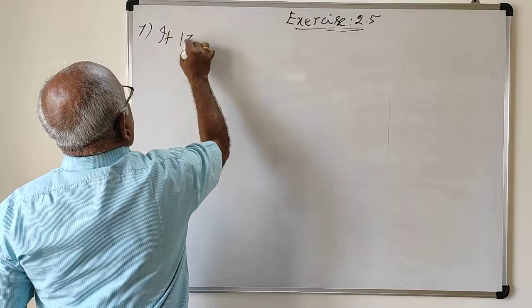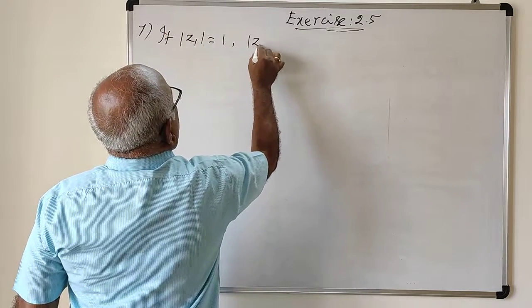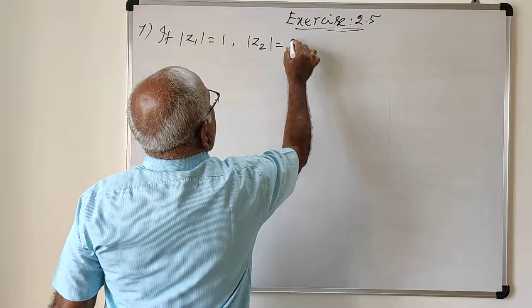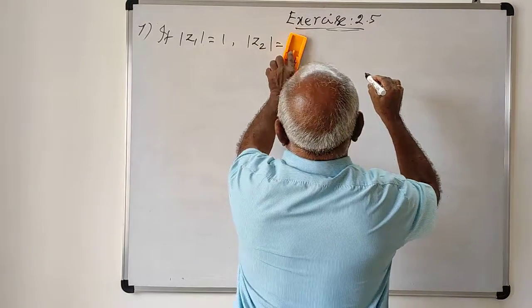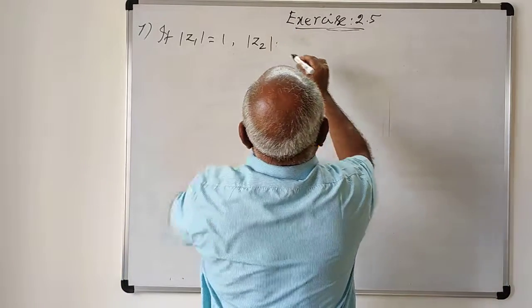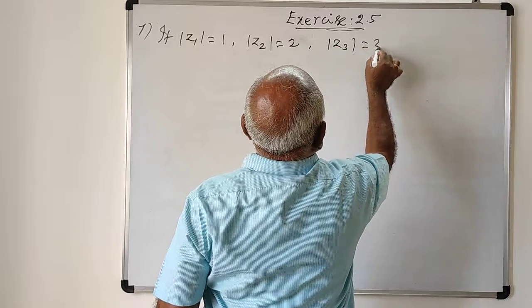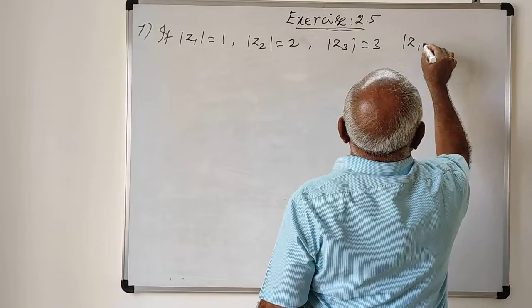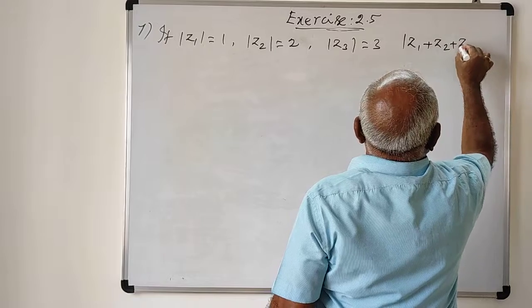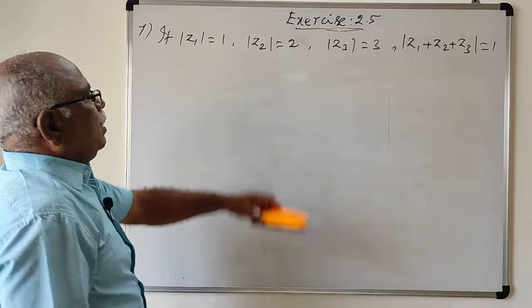If modulus of Z1 is 1, modulus of Z2 is 2, and modulus of Z3 is equal to 3, also modulus of Z1 plus Z2 plus Z3 is also 1. These four conditions are given.